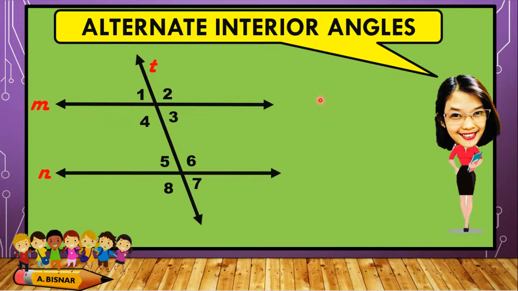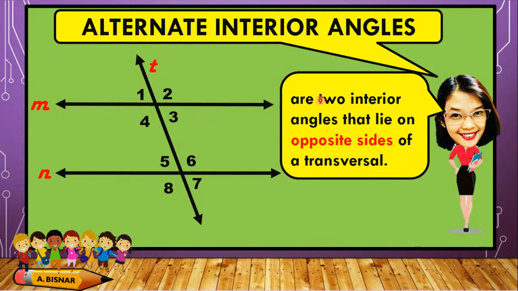Kaya, mahalaga na nauunawaan natin yung word na yun and ano yung synonym niya. Diba? Sa English, kapag hindi mo nauunawaan yung isang word, hahanap ka pa ng synonym niya para mas maunawaan mo. So, let us try to define what is alternate interior angles all about.